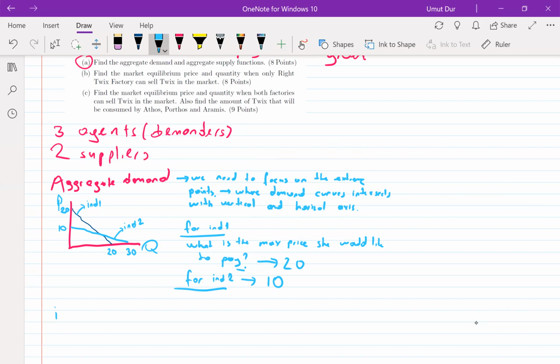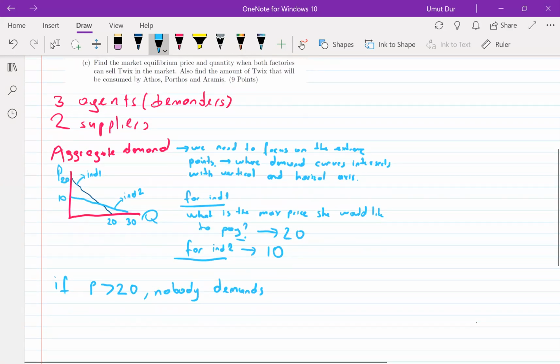This will give us the following information. If price is strictly greater than 20, then nobody demands, so for the aggregate demand we don't have any demand for prices strictly greater than 20.